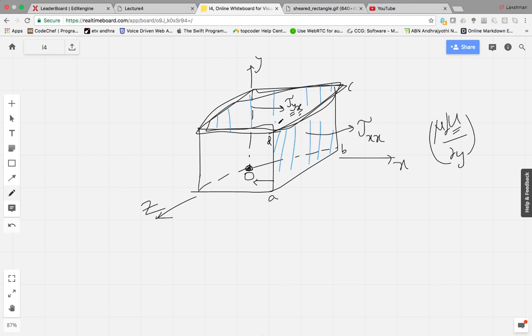This is tau xx, this is tau yx. In the same way you can write for all other faces. If you have doubts, it will not be clear in just one shot. You need to practice obviously, so we will do some other exercise again later.